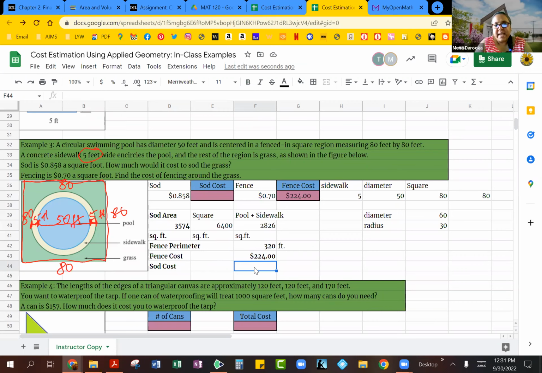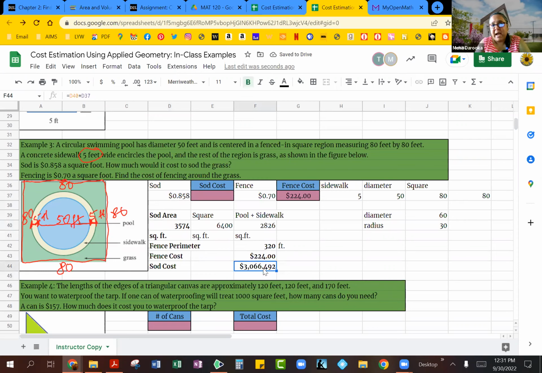So 0.858 is what they're charging us, and that's based on per square foot. So since our square feet is coming out to be 3,574, multiply that with your 0.858, and that should give you what your dollar amount is going to be.